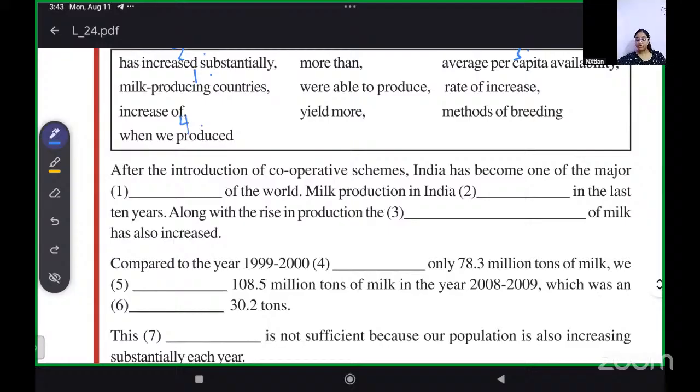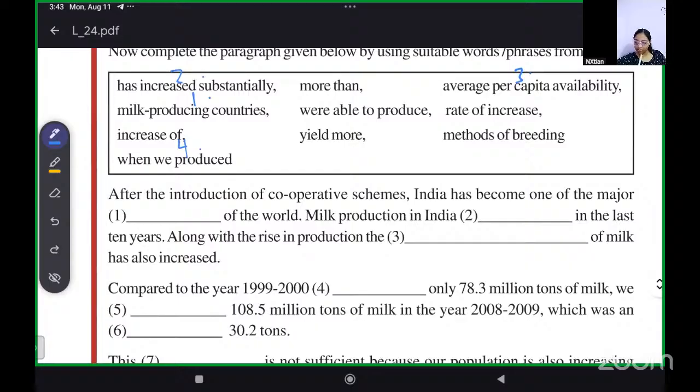We dash 108.5 million tons of milk in the year 2028-29. We were able to produce.